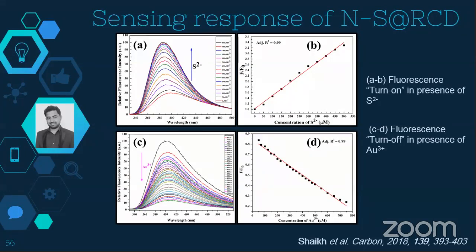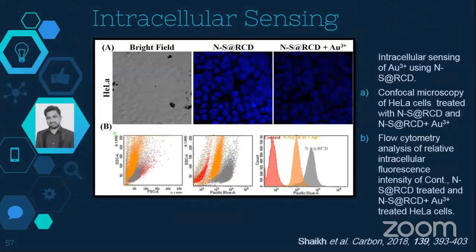But as soon as you add gold to it, it starts diminishing the fluorescence. So both turn on and turn off was observed in this case as a sensor. In both cases, intracellular sensing was also possible, for sulfide as well as for gold. The sensing inside the cell lines was done.